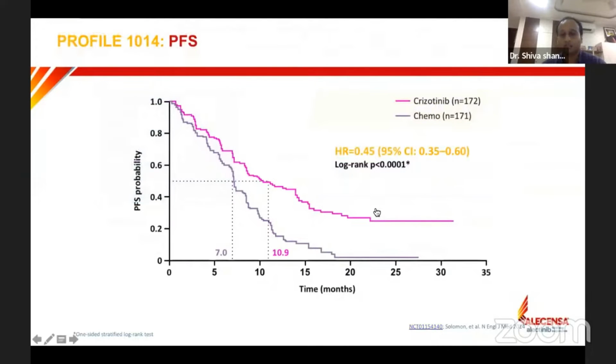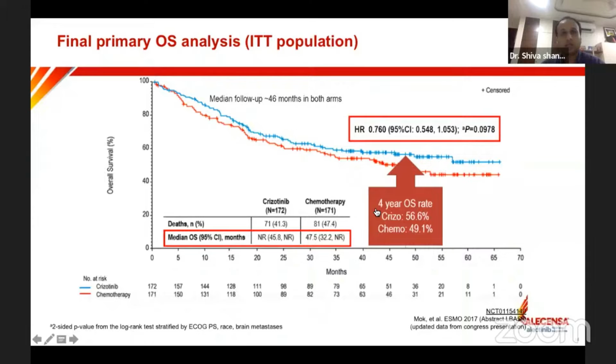This trial clearly showed that progression-free survival improved from 7 to 10 months with the use of crizotinib, with a hazard ratio of 0.45, which led to approval of crizotinib in the first-line management of metastatic non-small cell lung cancer. The overall survival was not statistically significant. However, it tended to favor upfront use of an ALK inhibitor compared to upfront chemotherapy.